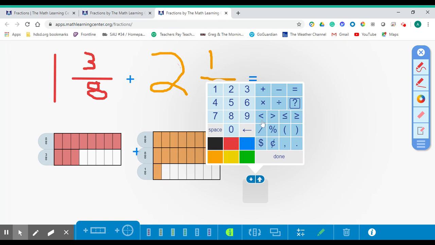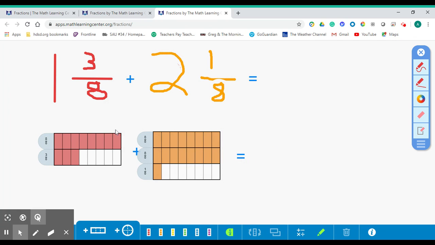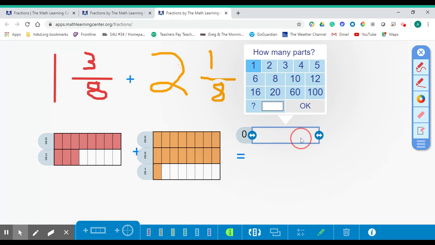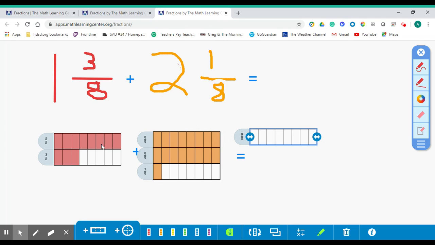Now we're going to throw in an equal sign here. And we're going to actually show our full answer with our fraction bars. We're going to use a different color. I like this one. So our denominator is still 8, so this one's still going to be 8. But notice we have 1, 2, 3 whole numbers.